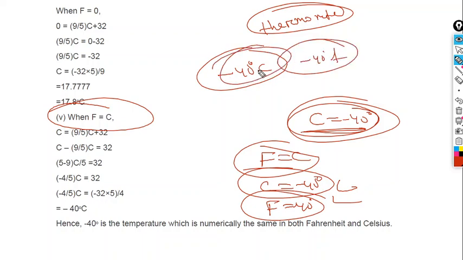So both are same. Normally in the cold days, the temperature is, suppose, 7 degrees Celsius to 8 degrees Celsius, like this it remains. But at minus 40 degrees Celsius, it will be icy cold. No, it will be colder than ice.